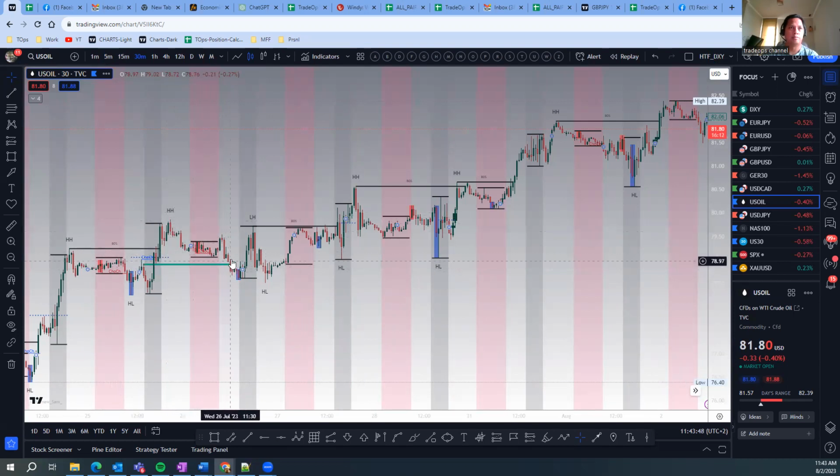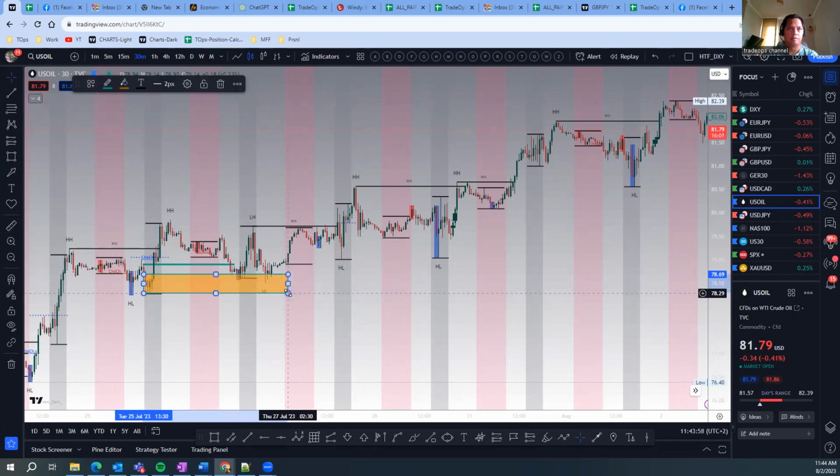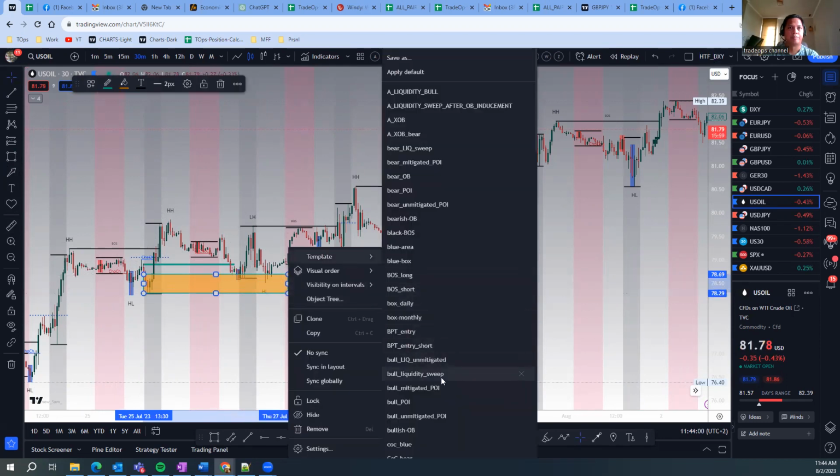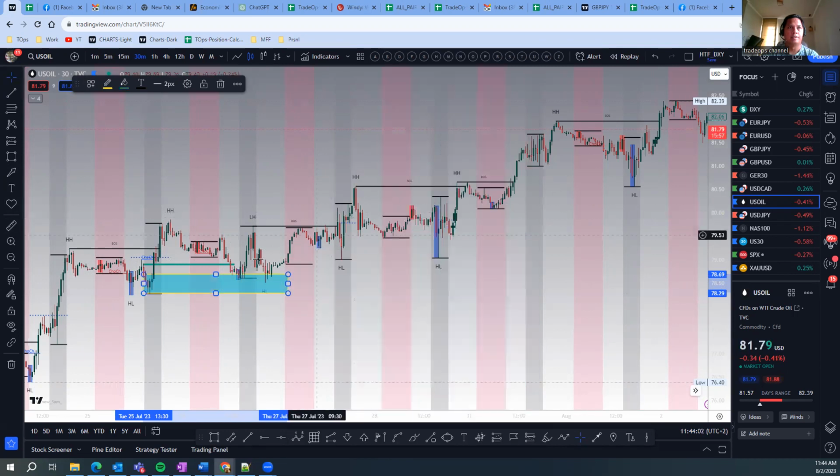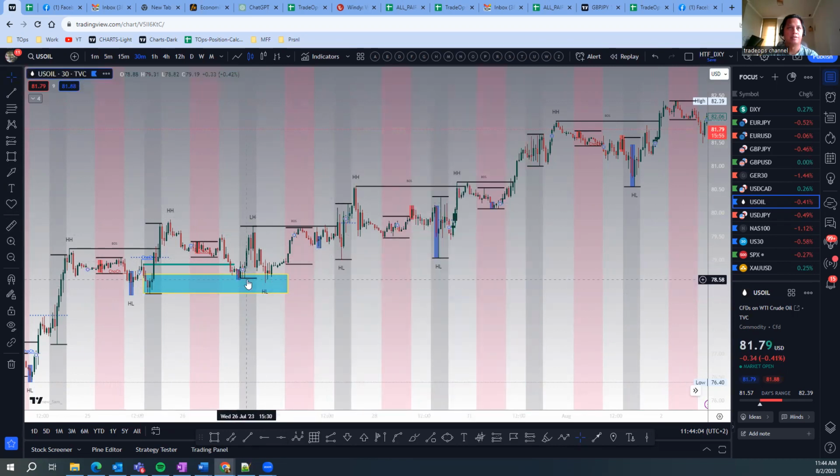Usually when the price is pulling back, it liquidates also those who entered trades here, and then tries to look for the next fair value gap, which is this one. And that is my entry. So here are the entry points, and I sell at the swing high as a target.